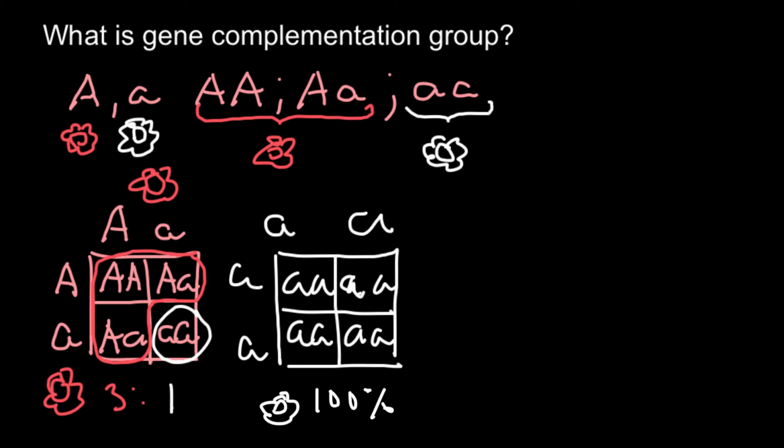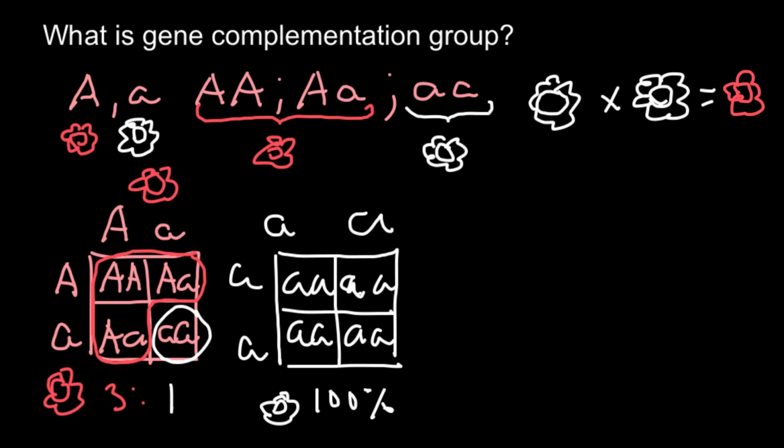But this is an example when we have only one gene. If the trait would be under the control of more than one gene, we may have such a situation when we have one strain of plants with white flowers, we cross with another strain also with white flowers, and such a cross would produce plants with 100% all red flowers.